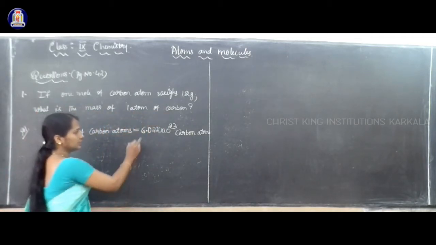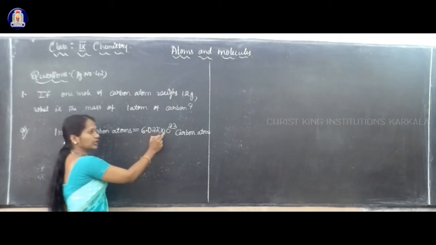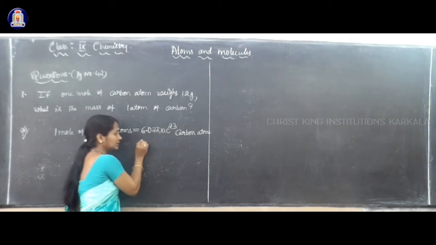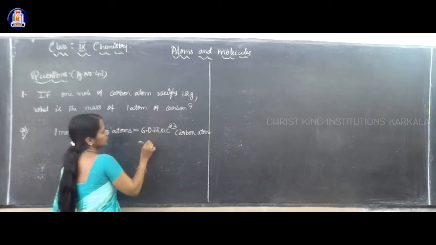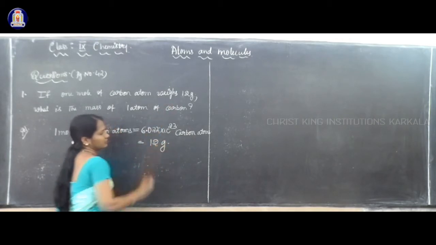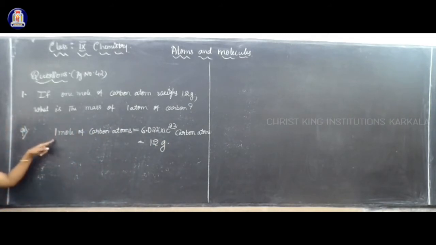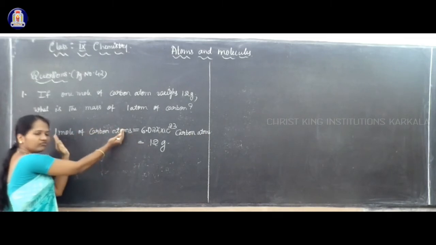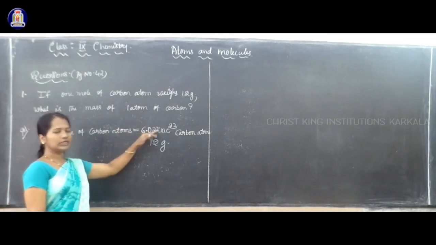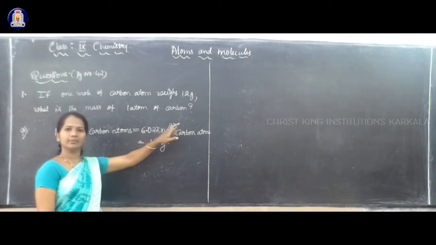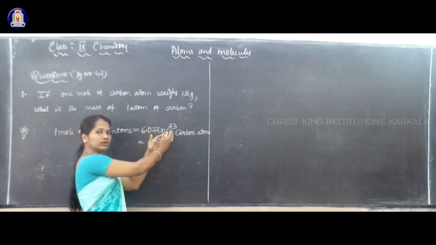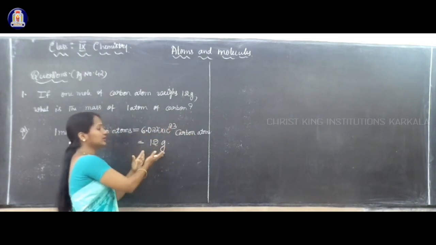In the sense, 6.022 into 10 to the power 23 carbon atoms weigh 12 gram. 1 mole of carbon atom weighs 12 gram.